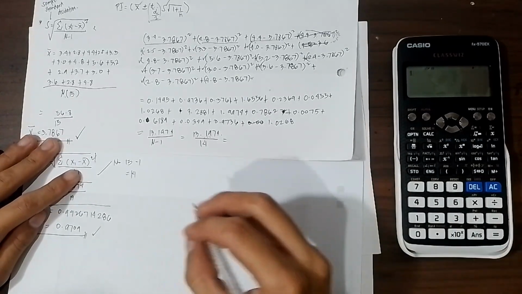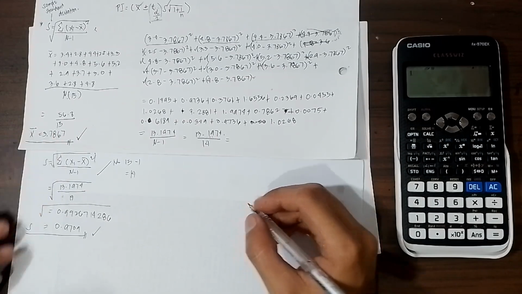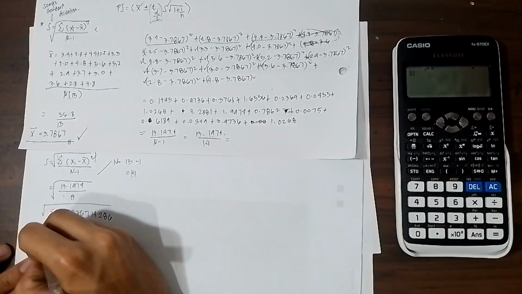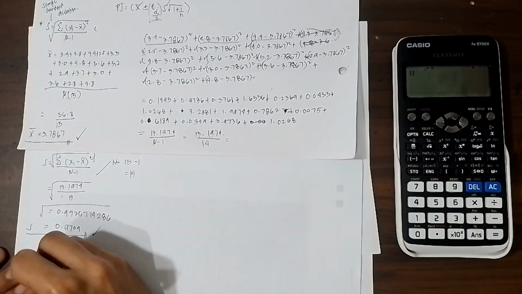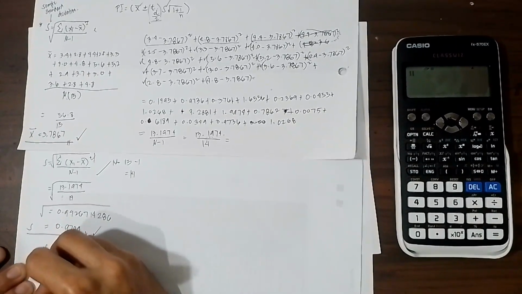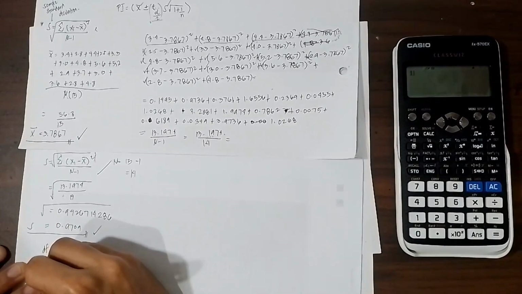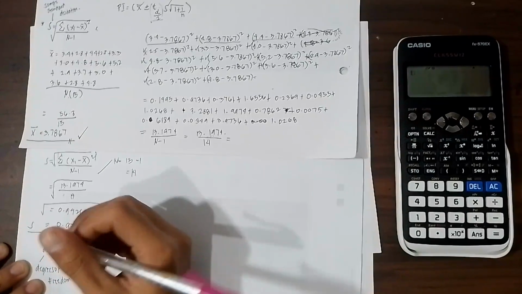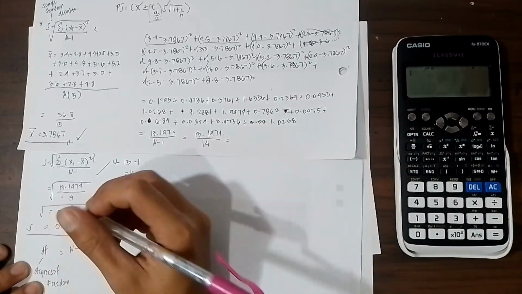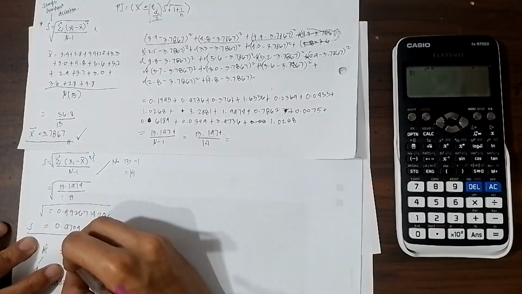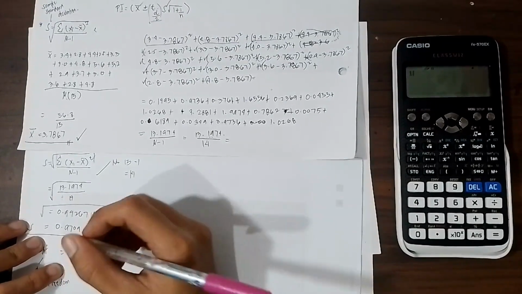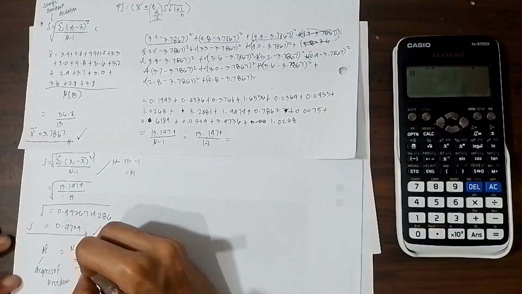In finding the df, our formula is simply n minus 1, where n is your sample size. So n minus 1 is equal to 14. So that's our degrees of freedom.